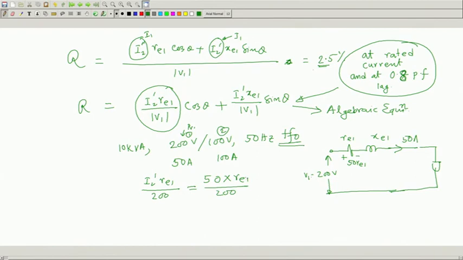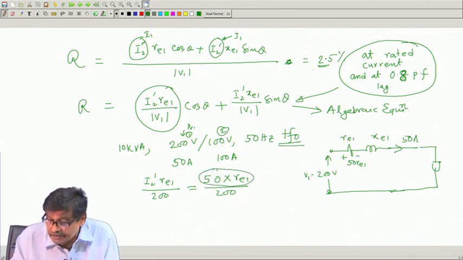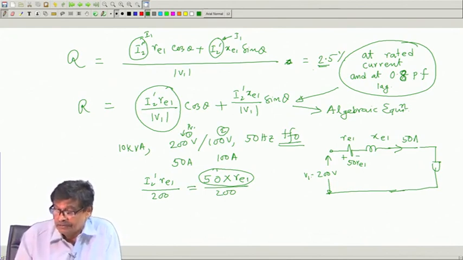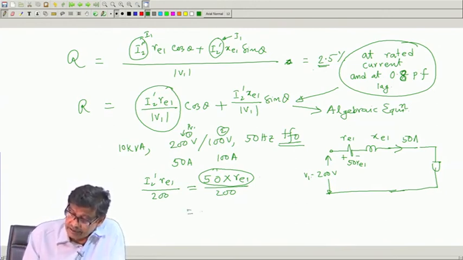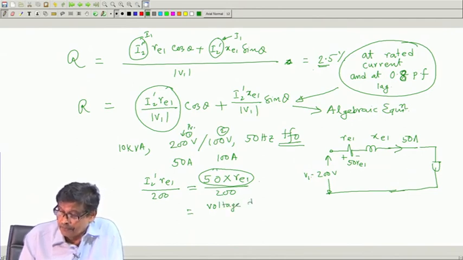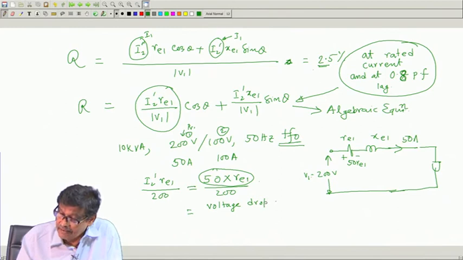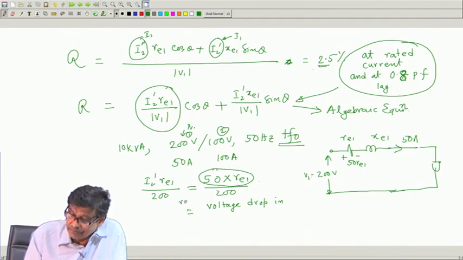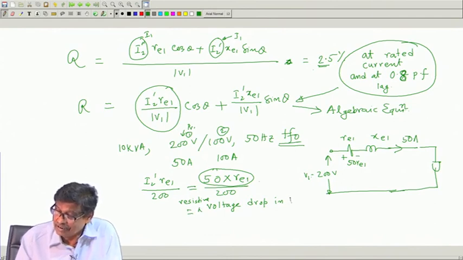So, with respect to the primary side, or HV side in this case, this number tells you the voltage drop in the internal resistance of the transformer in volts. If I write it in words, I will write resistive voltage drop in the transformer.